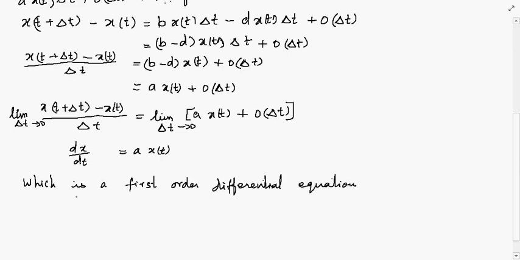This can be integrated to find the solution of this differential equation. Now taking x of t to the left hand side and dt to the right hand side, dx by x of t is equal to a dt.